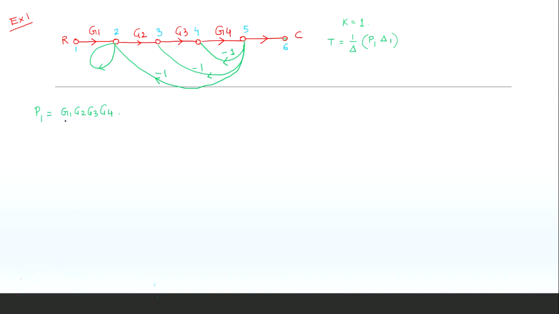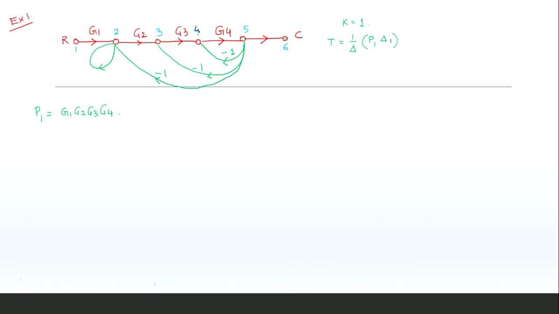So here we are getting G1, G2, G3 and G4 in the feed forward paths. Okay. Now we want to get the closed loops. The first closed loop I am getting is coming from the fourth node.